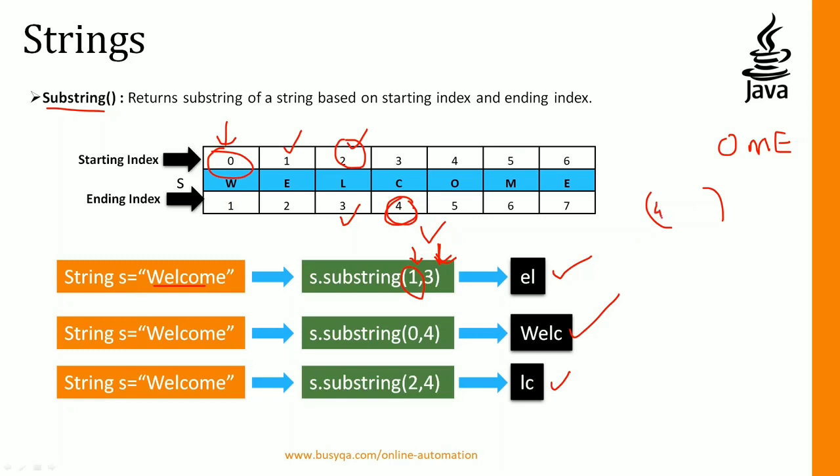Okay, so let's see 4 comma 7. 4 represents the starting index, so where is 4 here? 0 1 2 3 4, this is the 4, and 7 is the ending index. So 7 means 1 2 3 4 5 6 7 is the ending index. Between 4 and 7 we have O, M and E. So this is right. This is how we need to use the substring method.